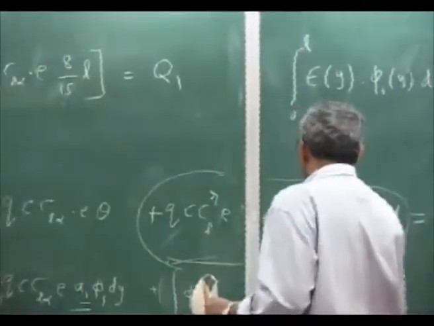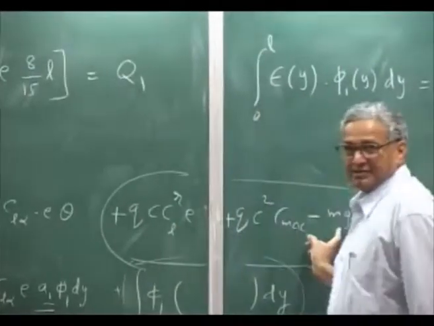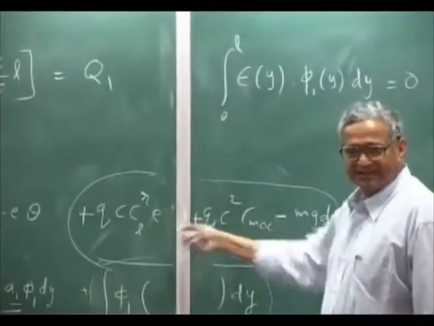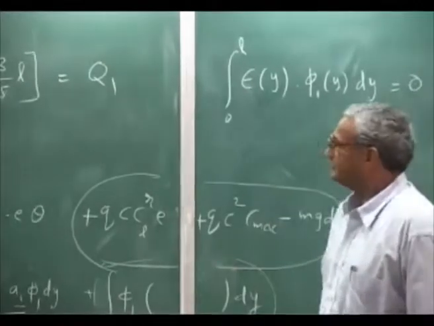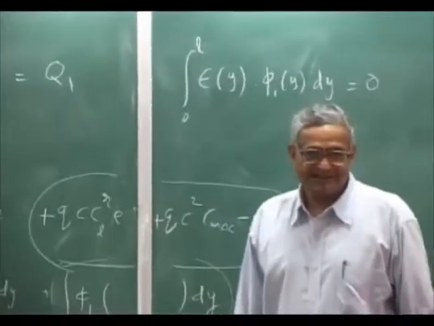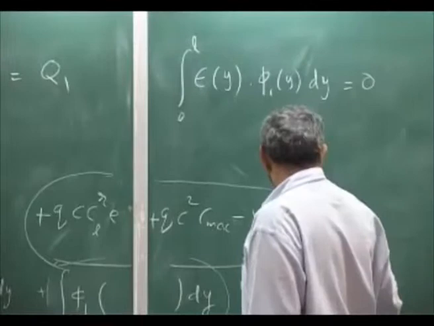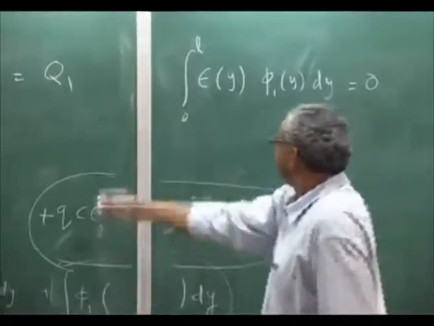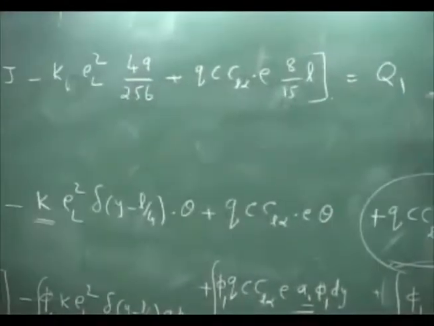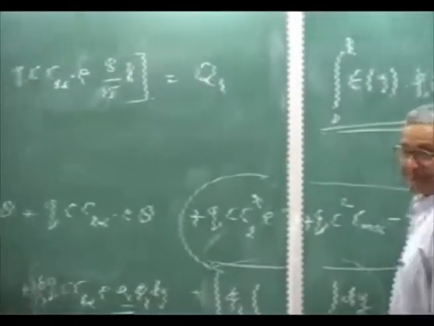Please understand, you can take it to the right hand side, with a minus sign, that is what I am writing as Q1. Okay. Now, you see, this is nothing but this.